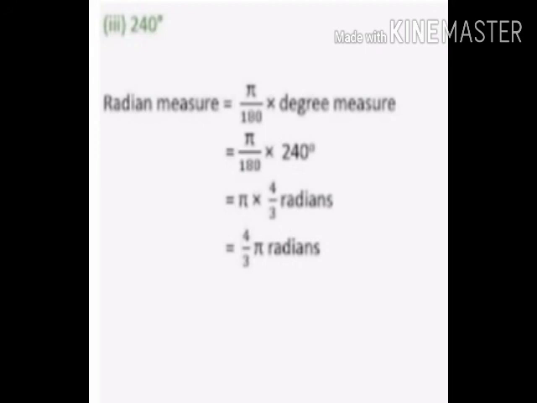On simplification, 24 by 18 is the same as 4 by 3. So pi into 4 by 3 is 4 pi by 3 radian. So our 240 degree is converted into 4 pi by 3 radian.